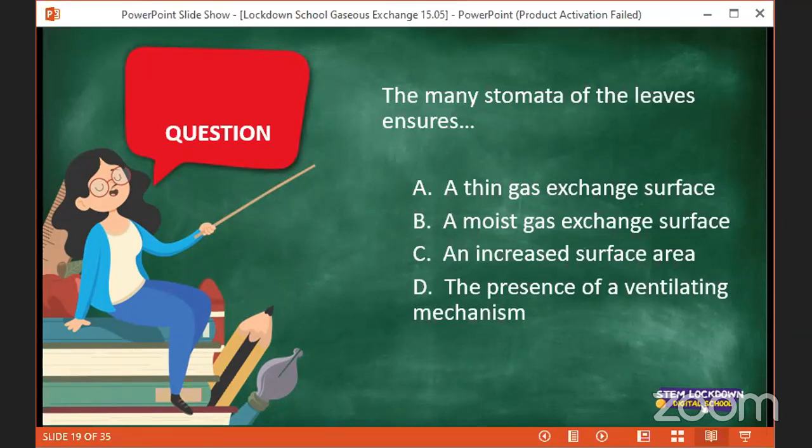Please send through your answers on the group chat. What is the function of the stomata or stomatal pores, as other textbooks may refer to it? So I'll give you guys a minute.